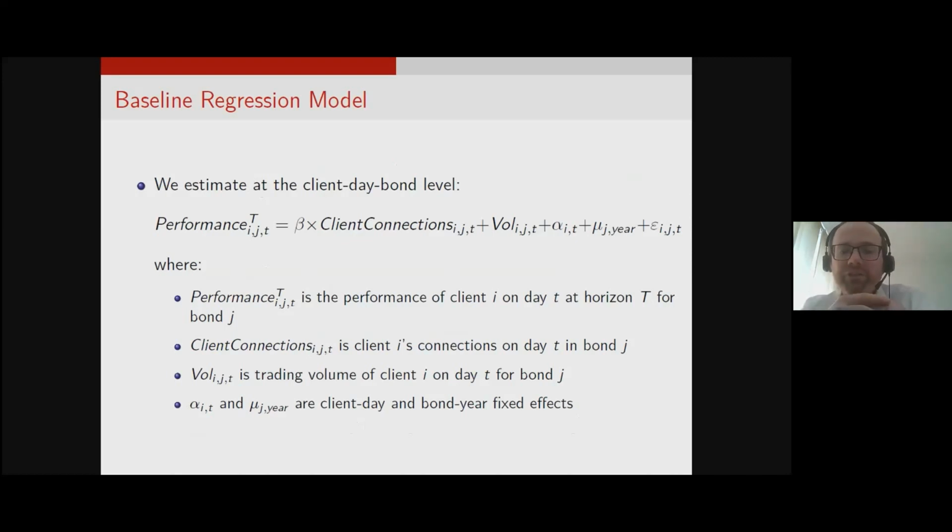And then on the right-hand side, the main object of interest is the beta coefficient, which basically tells us how much higher the given performance is when the same client is trading on the same day, but in two different bonds. In one bond it is trading with two dealers, and in the other bond, say, it would be trading with only one dealer.